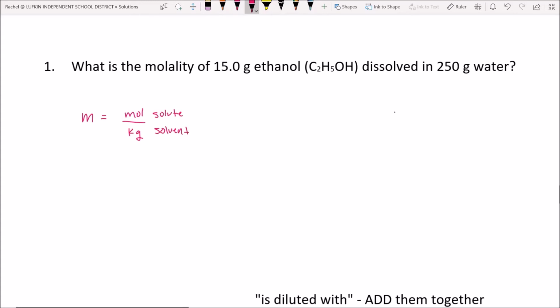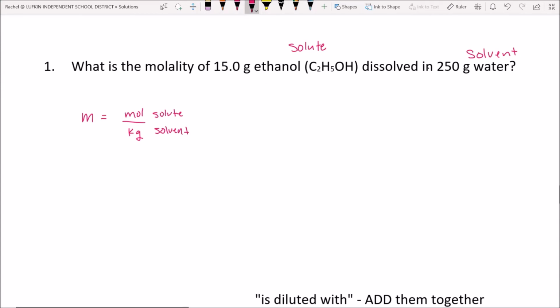The solvent is the thing that is doing the dissolving. Yes, so water is our solvent. So I'm going to write that above it, solvent, which means that ethanol is our solute. If water is there, it's probably going to be the solvent. And the way it reads, it says the ethanol is dissolved in the water, so you know that the water is the solvent.